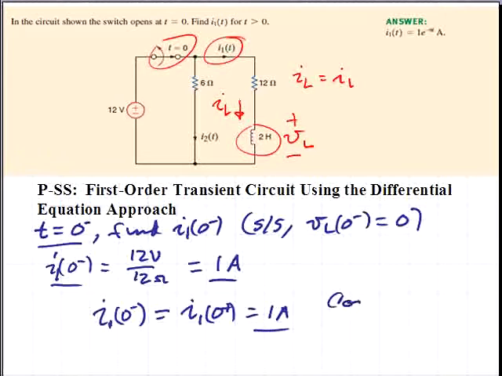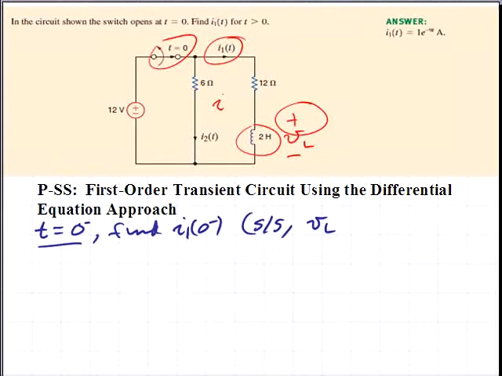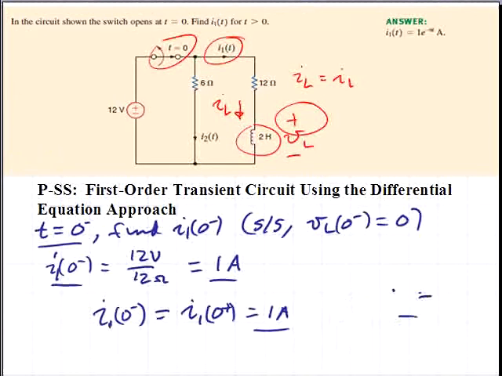So that's the continuity of the inductor current, which provides that concept. So that continuity of inductor current is the principle used there.